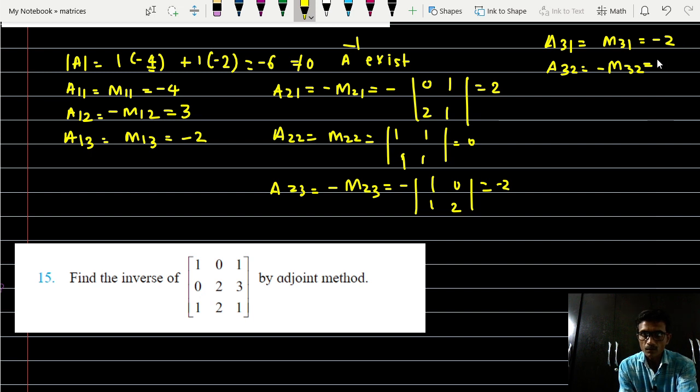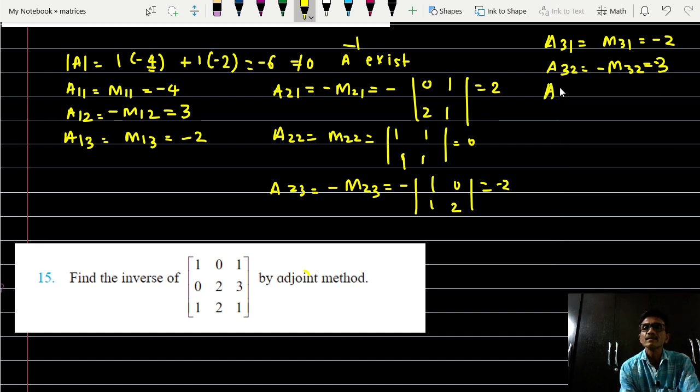So it is 3 only. So what is the expansion? 1, 0, 1, 3. तो 3 आएगा, तो नेगेटिव, minus of 3. सो एक्सपेंशन इज 3 और नेगेटिव ऑफ दैट.